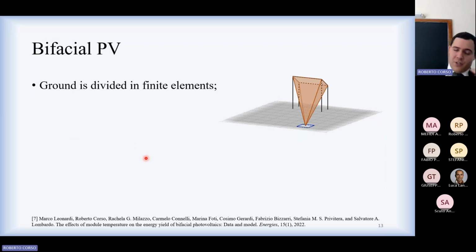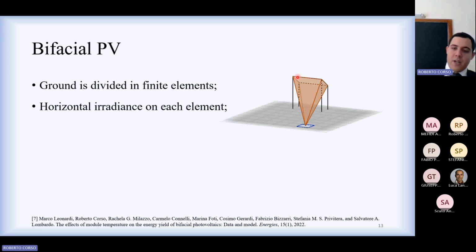The most interesting part of this model is the calculation of the reflected light coming from the ground. To do so, we divide a certain user-defined surface into finite elements, and we calculate what is called the horizontal irradiance on each element, which is the sum of, again, the beam and diffuse components, but on a flat surface rather than on the surface of the module, which is tilted by a certain angle.